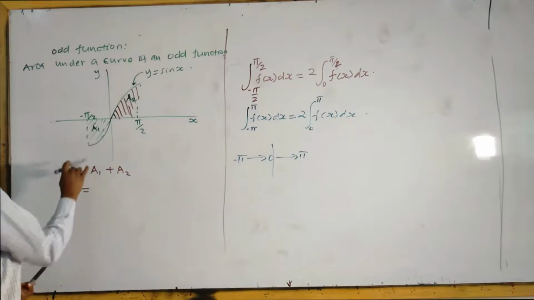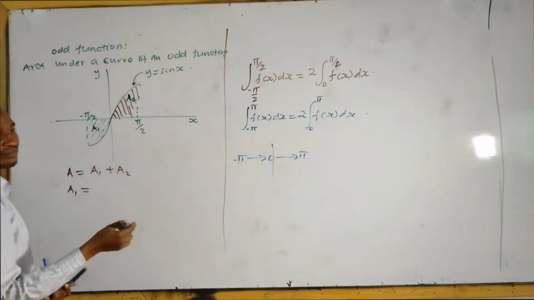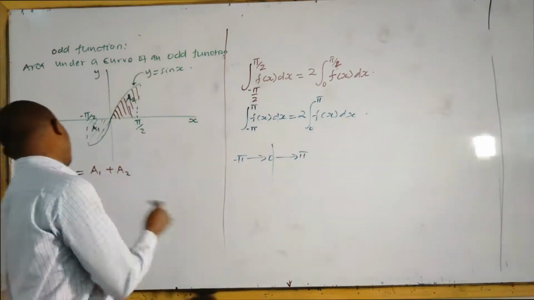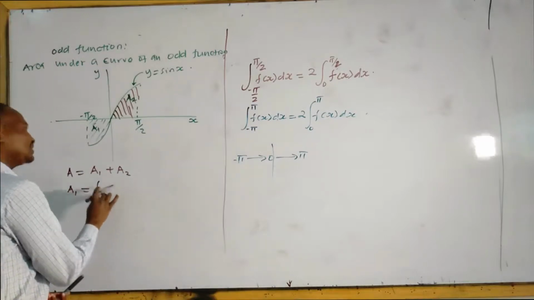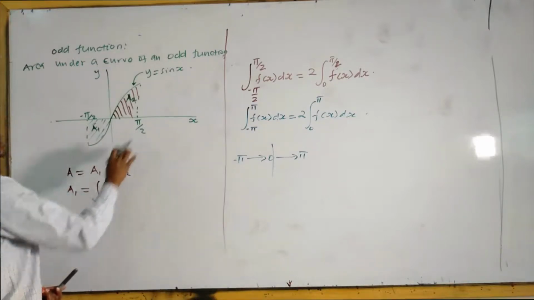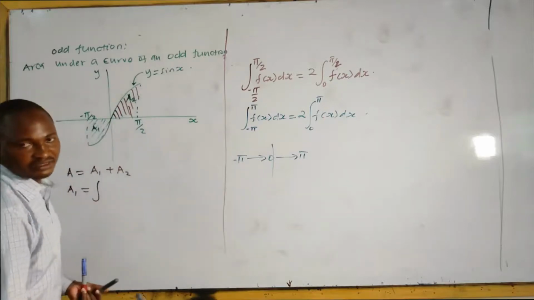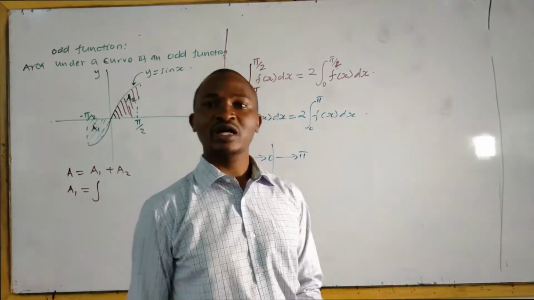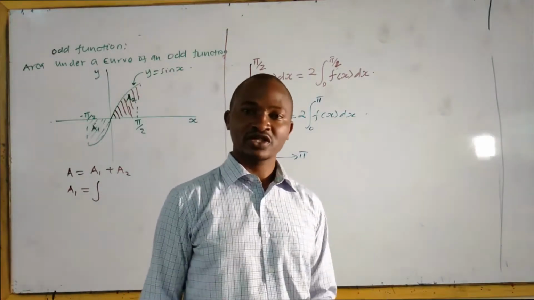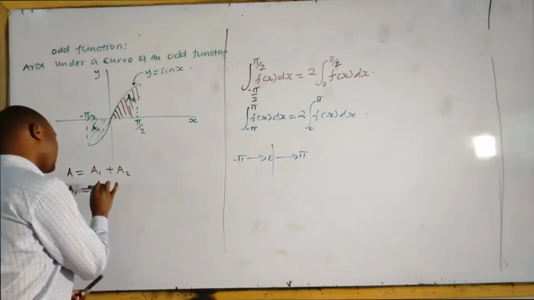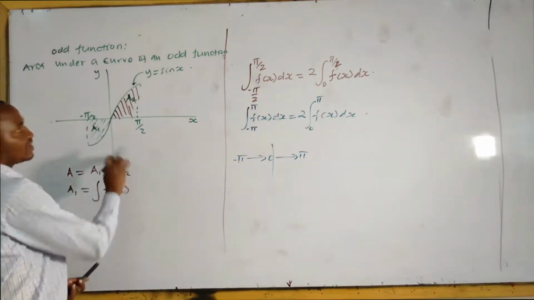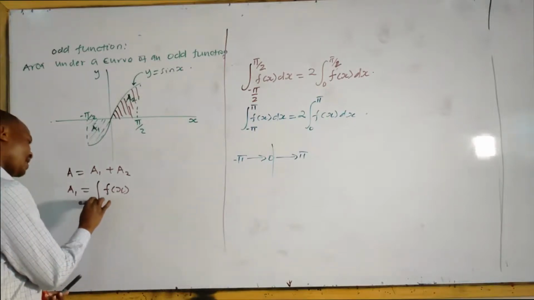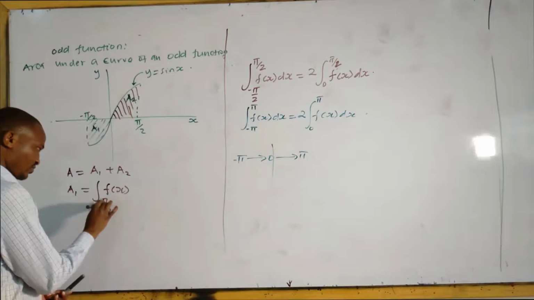Area 1 is, we know area is always given by the integral of a function of x with respect to x over the given limits. We are only trying to derive a formula, so we work with the general expression f(x), though of course our function is sin x, and we integrate from negative pi over 2 to 0.